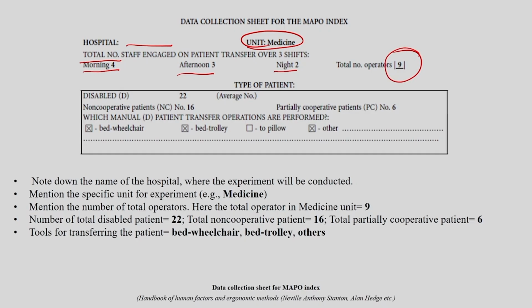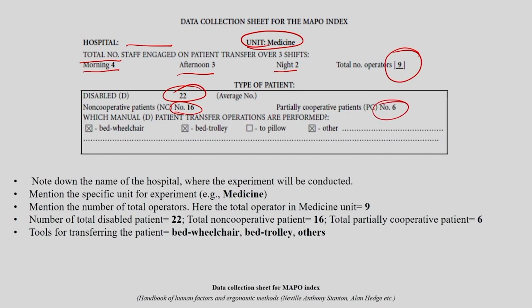Once we know how many people are there to operate, you need to understand who is going to be handled. From this you can understand that you have a total of 22 disabled patients, of whom 16 are non-cooperative and 6 are partially cooperative.